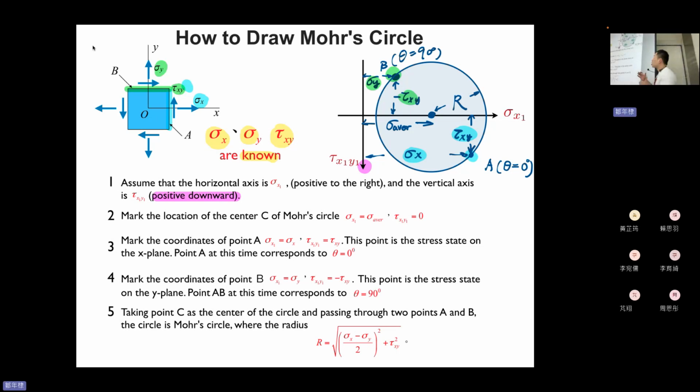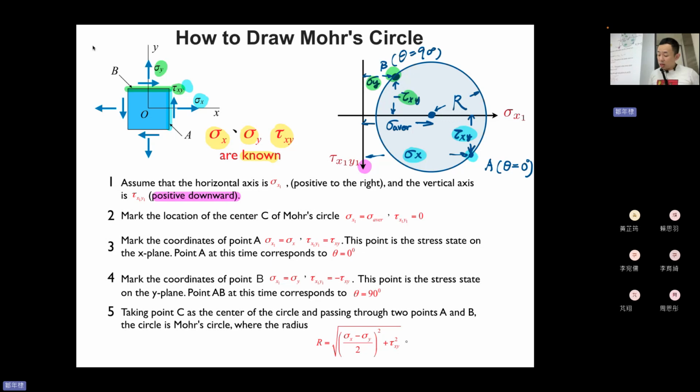And then if you are going to change your x into x1, you can do the rotation of the point by directly solving the geometry problem. Okay? And now I'm going to tell you why tau x1 y1 is positive downward.